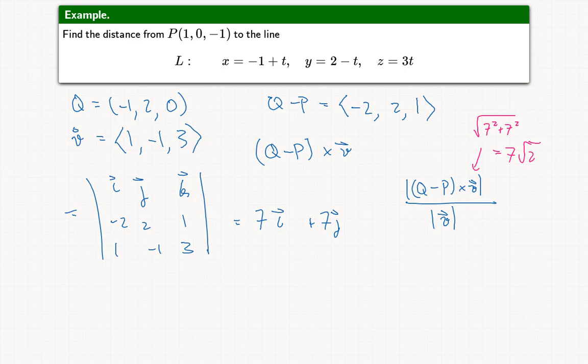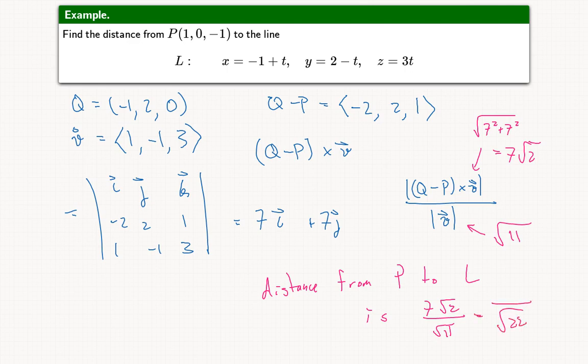And the magnitude of V, we can see, will be square root of 1 plus 1 plus 9, so square root 11. So the distance from P to the line is 7 root 2 over root 11. Or if you prefer, 14 over root 22.